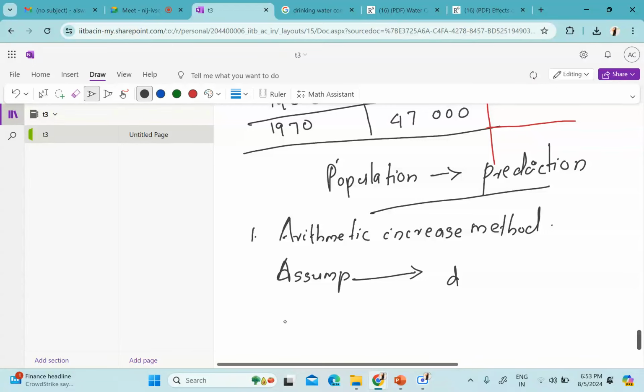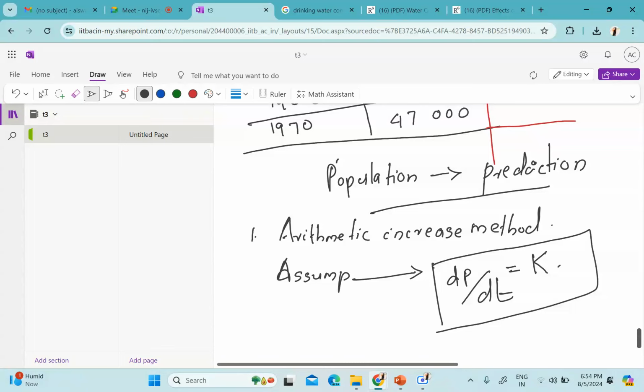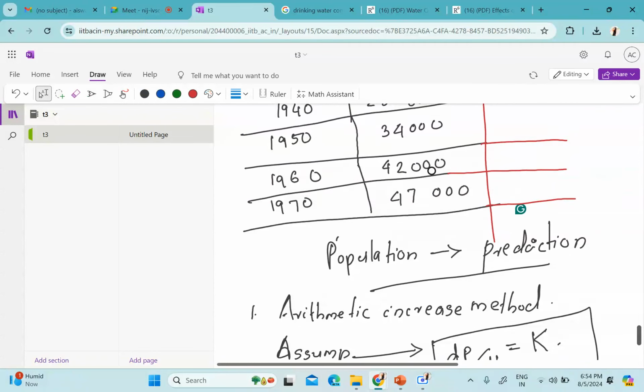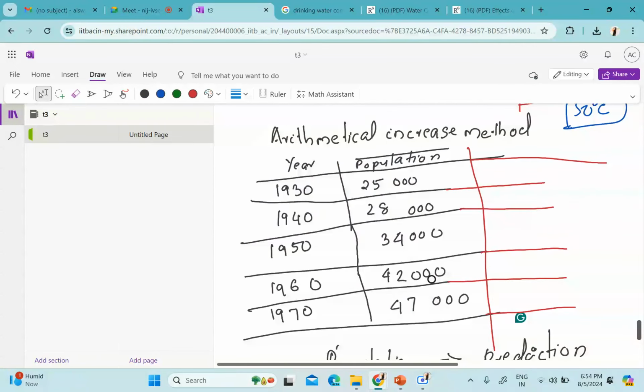If the number of people is P, dP/dt is equal to a constant k. We are considering k is a constant. From this we predict the number of people in the coming years. Here, for example, we'll solve this problem and get to know exactly.